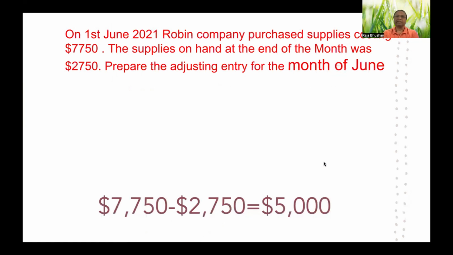Then the second adjusting entry we have to see is company purchased supplies worth $7,750. The supplies on hand at the end of the month was 2,750. So that means how much of the supplies has been used up? Remember the example of the bread we discussed, beginning inventory plus purchases minus ending inventory. Here they have not given the beginning inventory, so we have to assume it as 0. So 0 plus 7,750 minus 2,750. That means 5,000 worth of supplies has been used up.